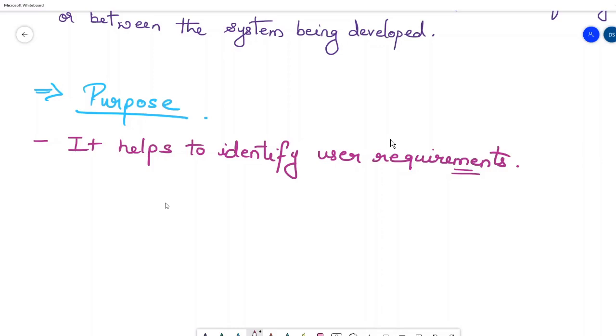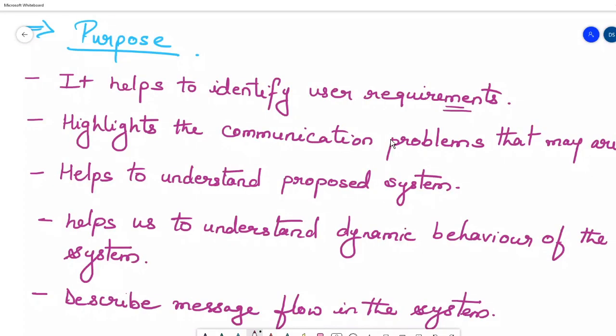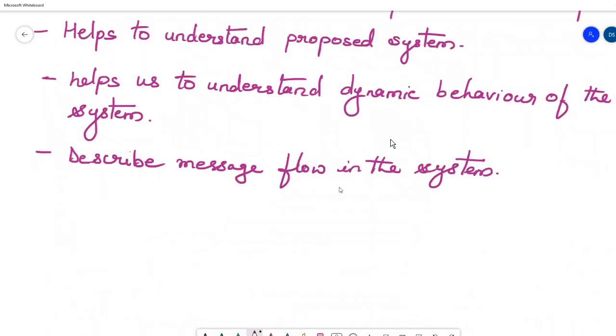Now, how should we draw this? How to draw this interaction model? We have to keep a few points in mind so it would be easy for us to understand. As the name says, the interaction model is the communication or data flow between the objects.